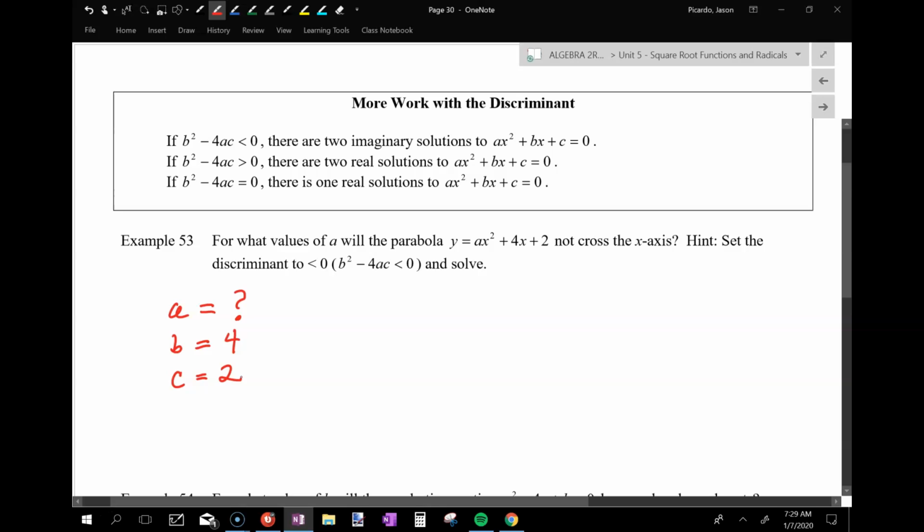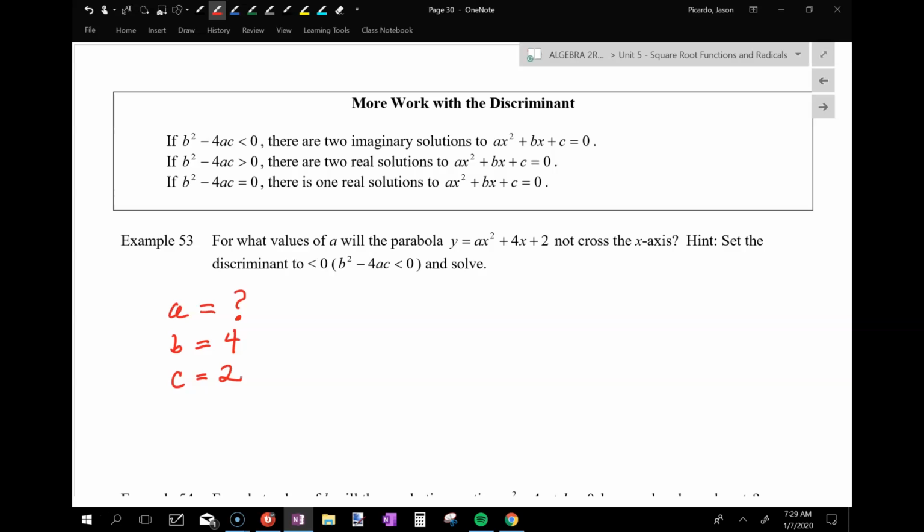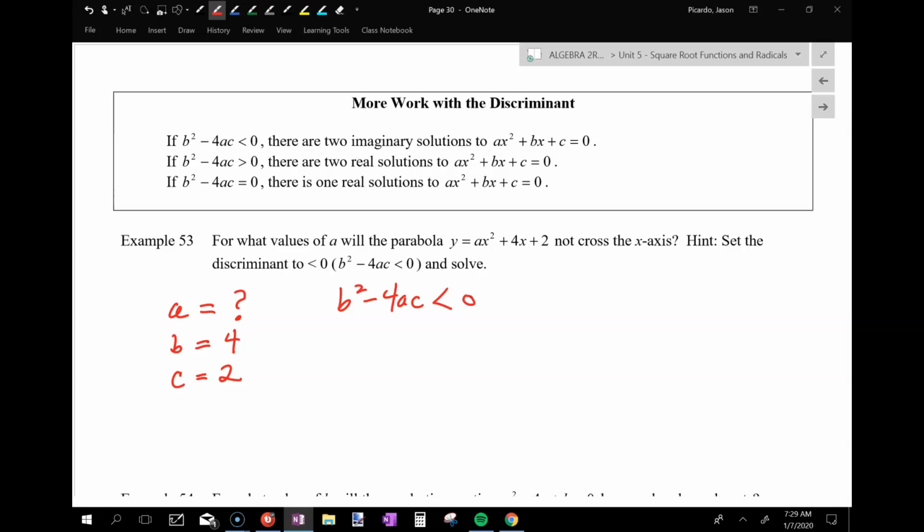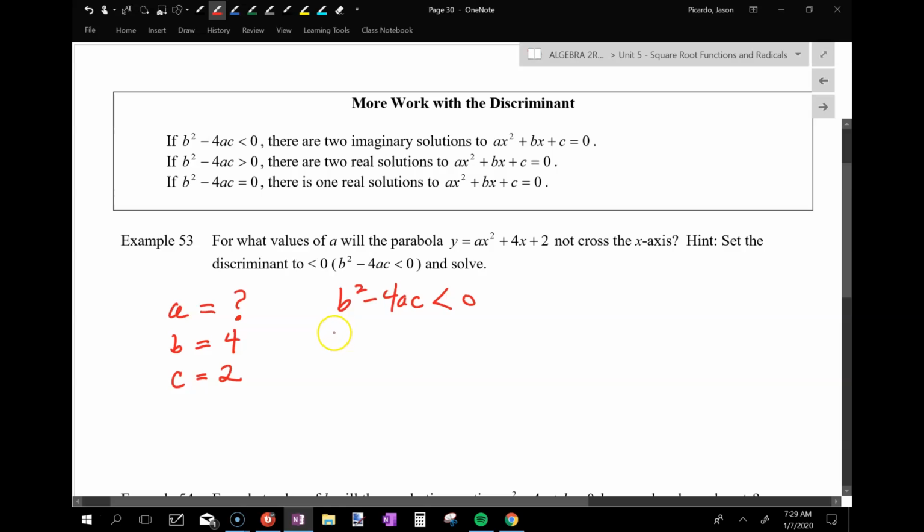But we know that to accomplish our task, the discriminant has to be less than 0. Otherwise, it's going to cross the x-axis, right? So what am I going to do? I'm going to plug in my 2 variables that I know and solve, right? So I have 4 squared minus 4 times a times 2 is less than 0.